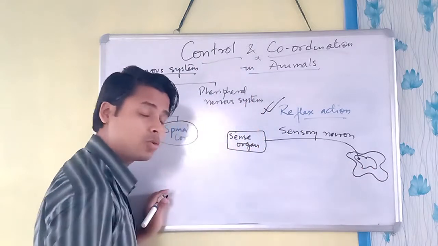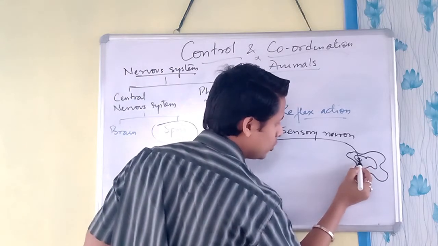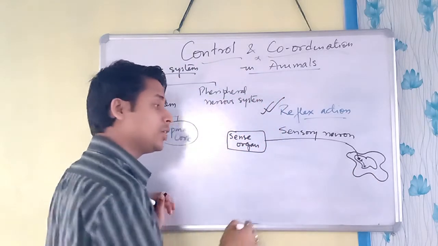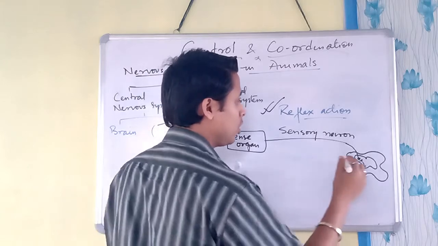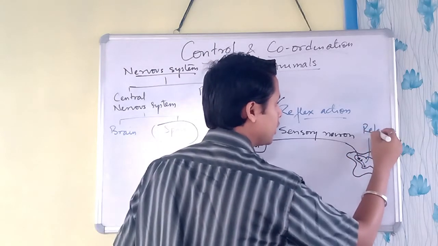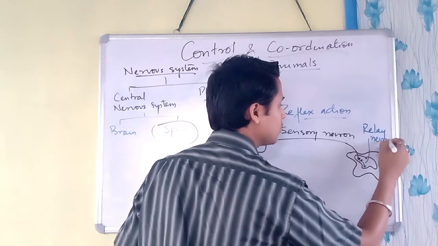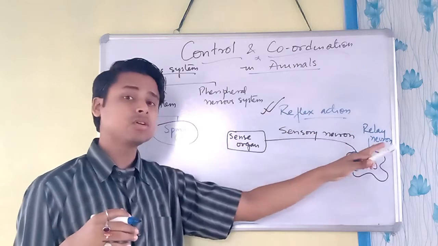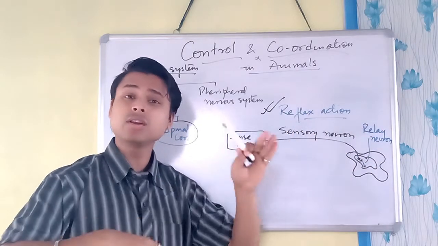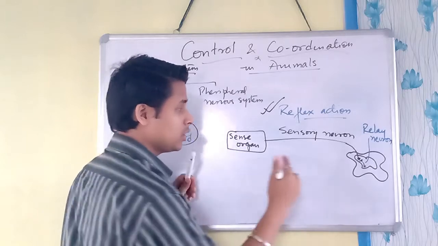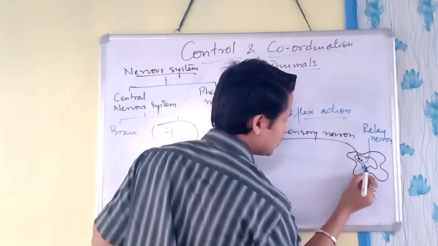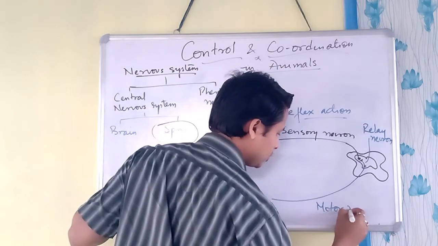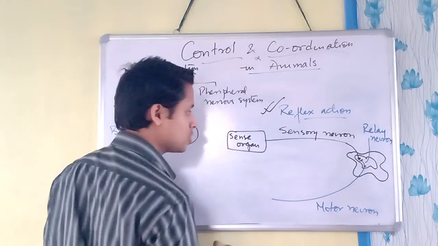In the spinal cord, the information will be interpreted by another neuron, which we call the relay neuron. And then it will decide the action, and this action will be sent to another neuron, which is known as the motor neuron.